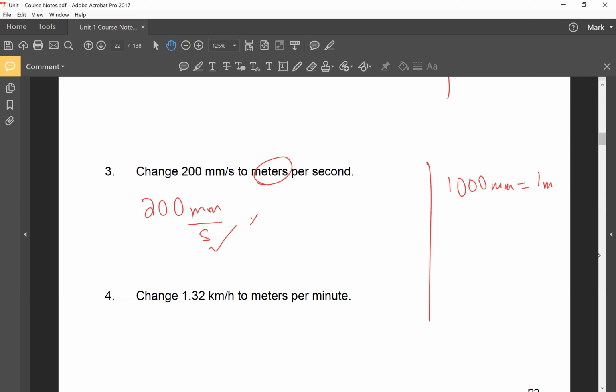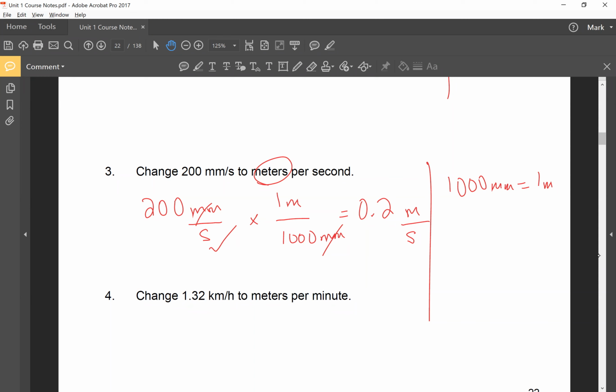So I'm going to multiply this by 1 meter over 1,000 millimeters. Millimeters cancel, and I will get 0.2 meters per second. Something I mentioned to the other student who came to the help session.